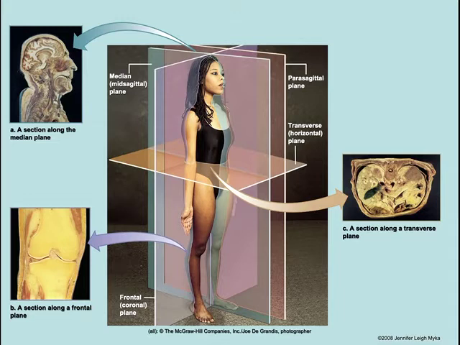Remember that a sagittal section cuts you into a right and left half, a coronal section into a front and back half, and a transverse section into a top and a bottom half. All right. Next topic is body cavities, so stay tuned.